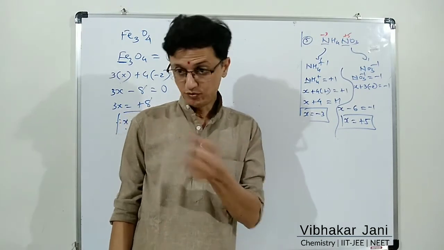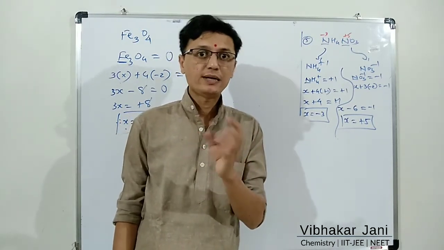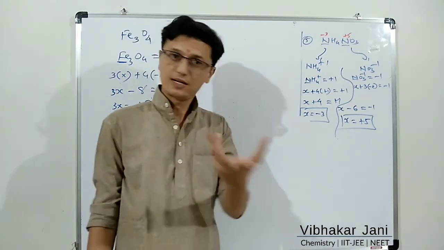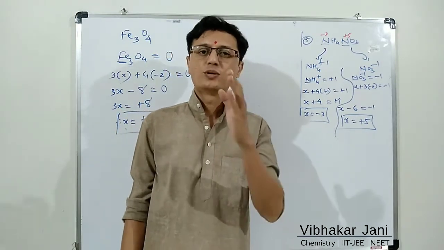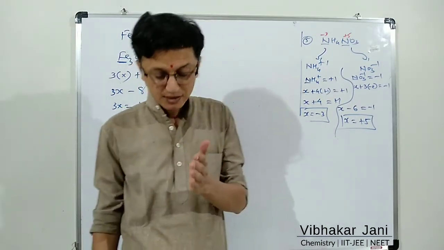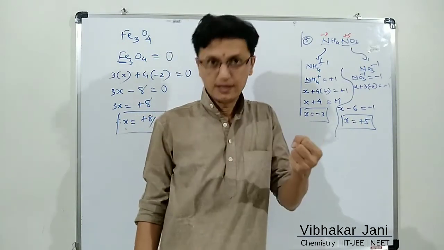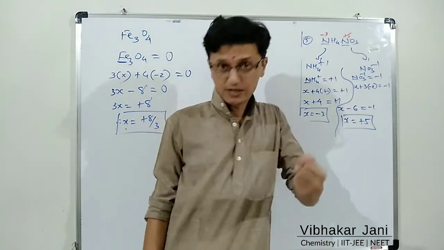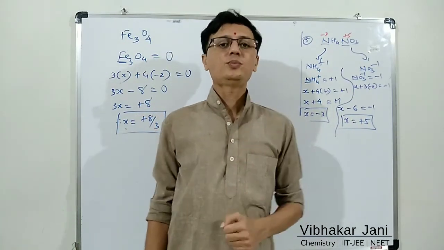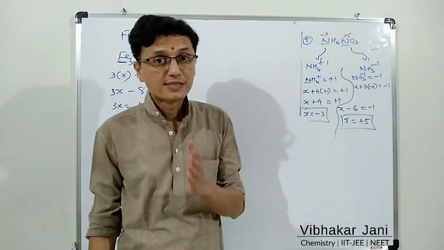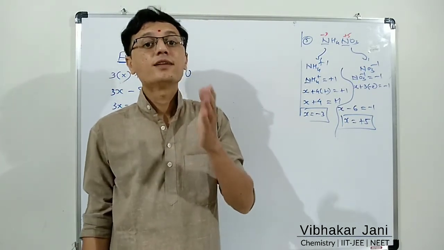An element can pull 1 electron, 2 electrons, 3, 4, 5, 6, 7 electrons. But you cannot say that the element is pulling 8 by 3 electrons towards itself. It is not possible. Electrons cannot be in a fractional number.